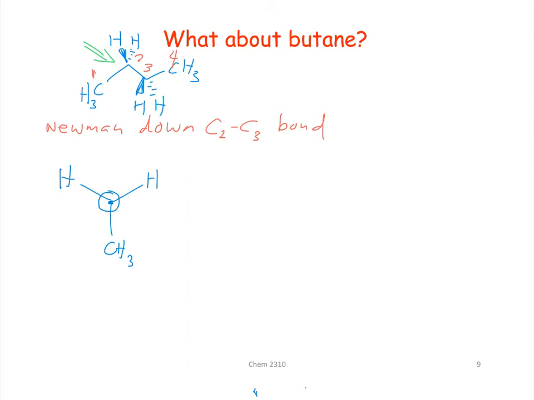And notice that this carbon bond is going in the opposite direction as this one down here. So this other methyl group is going to be pointing up the opposite way, and then I can fill in my other two carbon hydrogen bonds. Okay? So this is a Newman projection of that structure up there at the top.